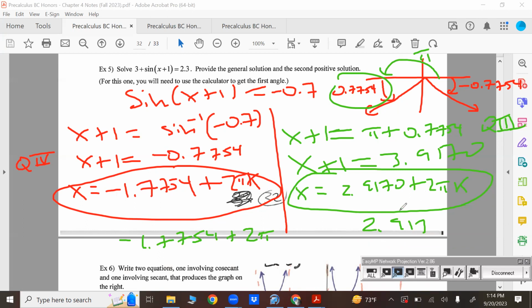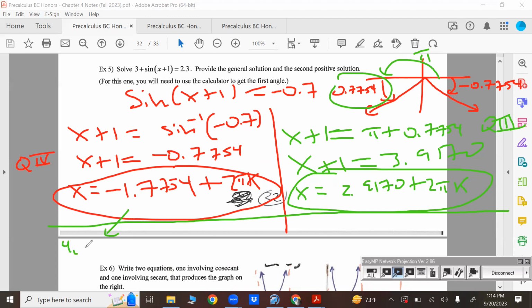So let's back up a little bit. Let me be a little more organized here. Are you guys okay with the general solutions? Now, for the first, where are the positive answers for this one? You get 4.5078 when k is 1.